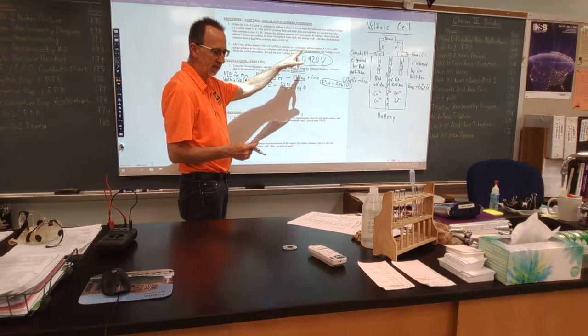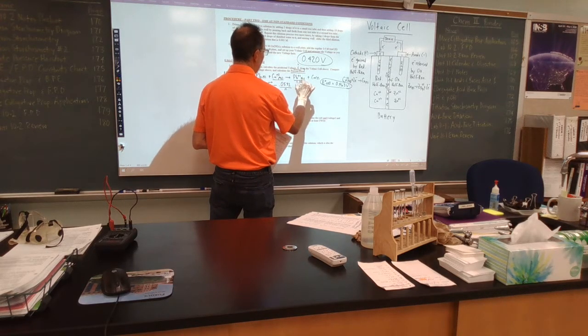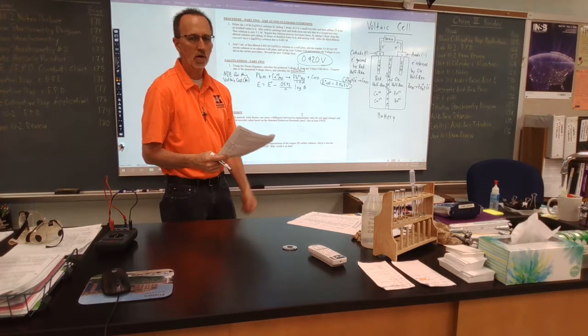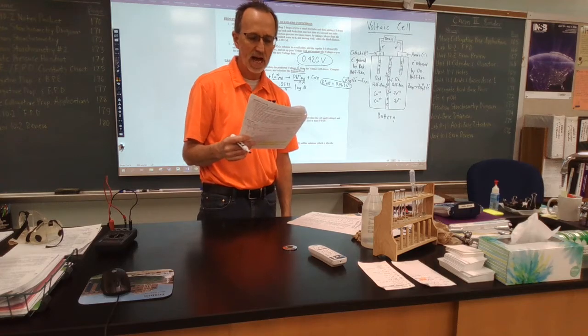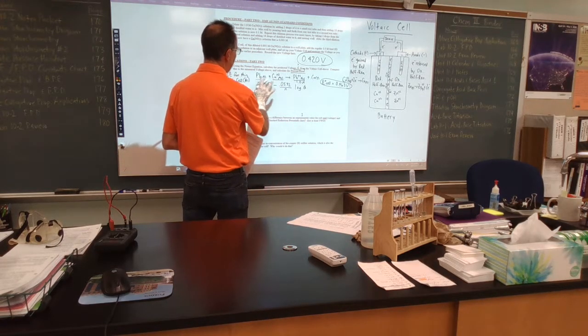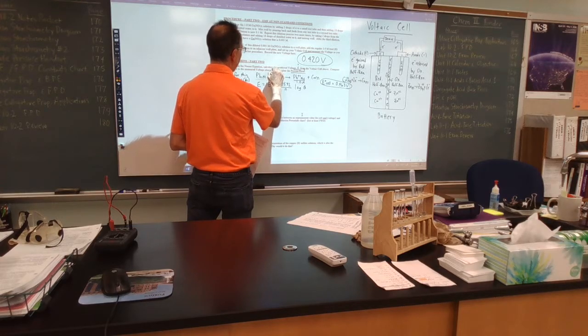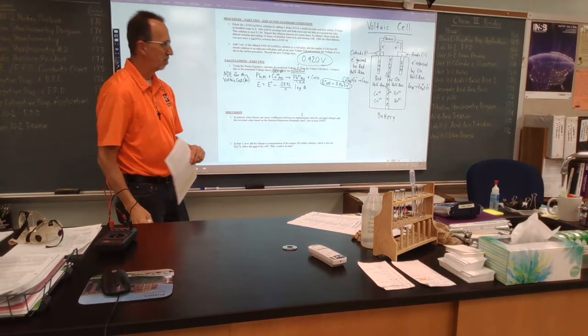It was 1.0 molar. Our copper 2 solution, though, remember that we diluted it several times and ended up with a concentration of 0.001 molar. So we'll want to remember that.